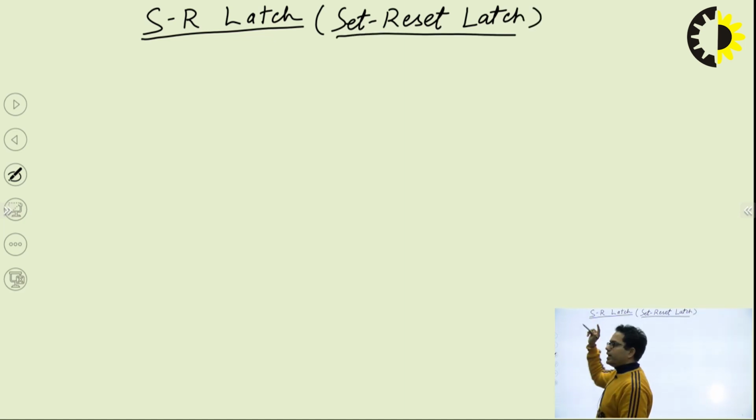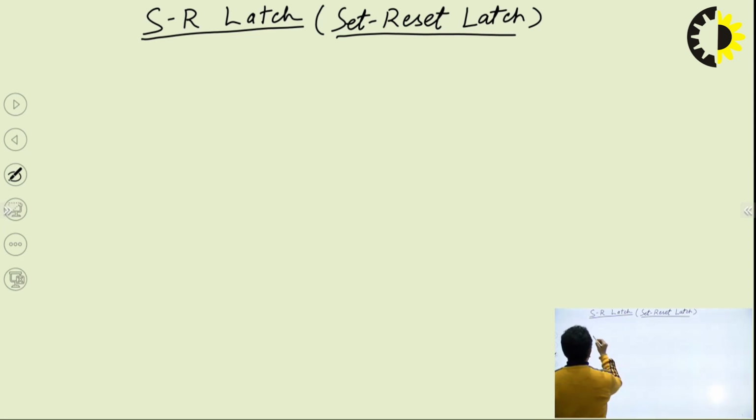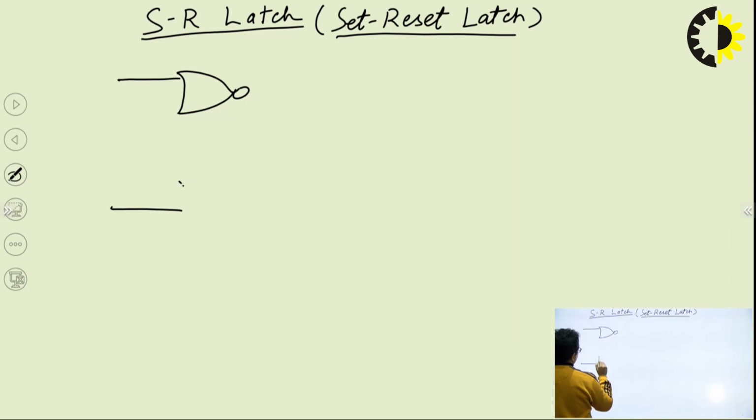Now how are we assigning a name to the terminals? Like if I am saying that I have an SR latch in this configuration, this is my SR latch.